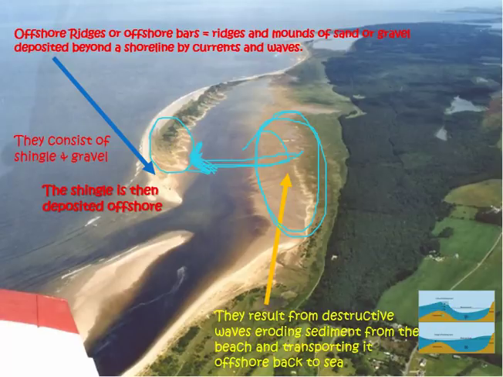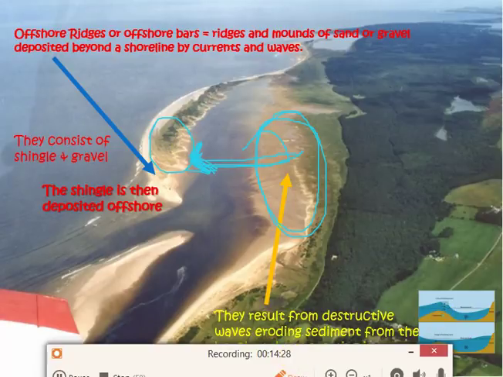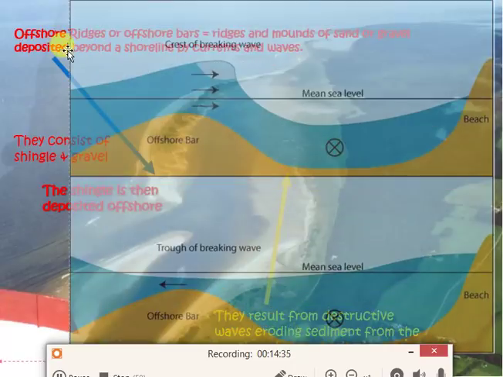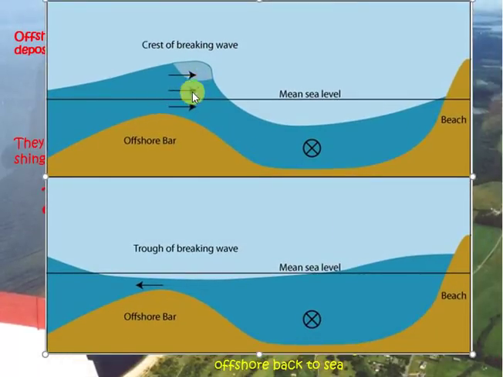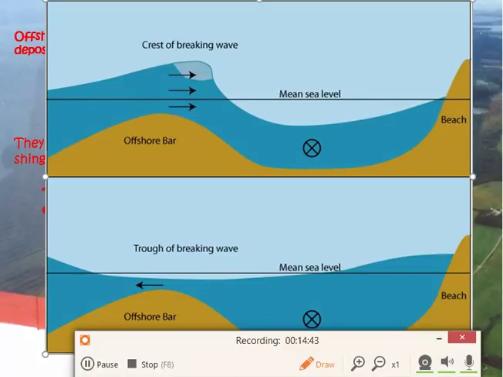I've got another little graphic here as well in a sec. Let's have a look. It's a bit more of a simplified version, but yeah. Waves break. Here we go.